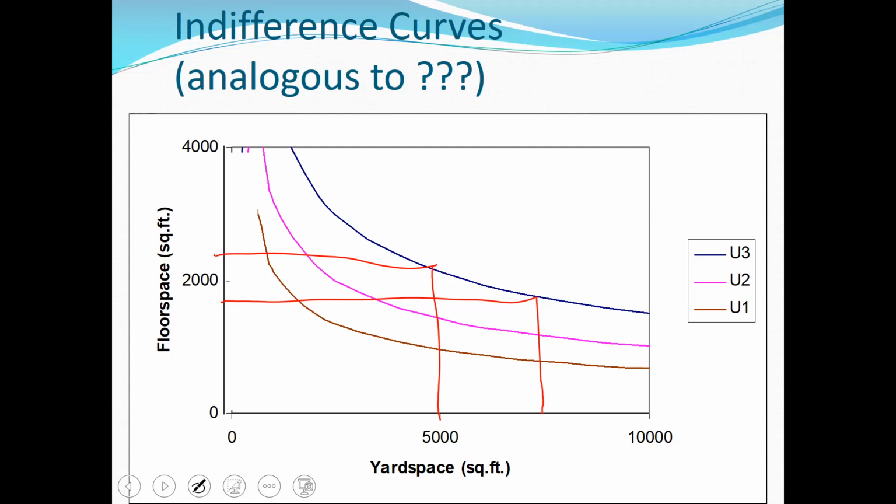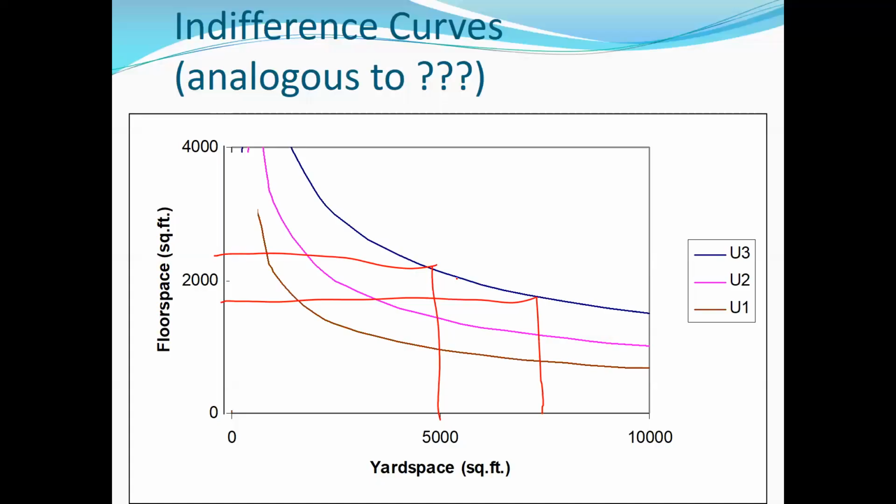Now you have seen a good analogy for the indifference curves in the previous lecture. Do you remember the term that we used in the production theory for a curve that was analogous to the indifference curve that we're seeing here? I'll pause the recording. I'll let you guys think about it.